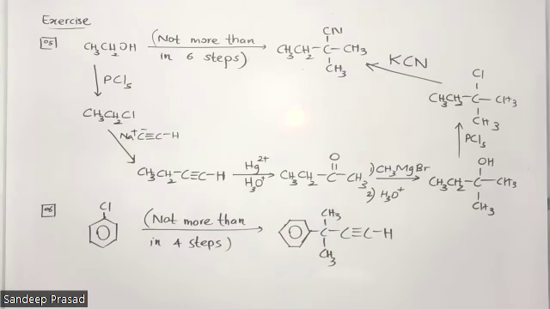So what if we add magnesium and ether for the second step? Yeah, you can add magnesium and ether for the second step, but you are forming a Grignard reagent, right? Then addition of acetone, CH3C double bond O CH3.